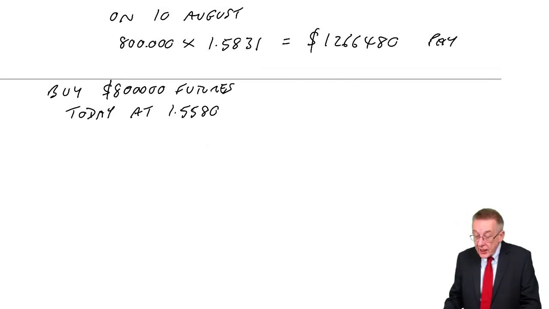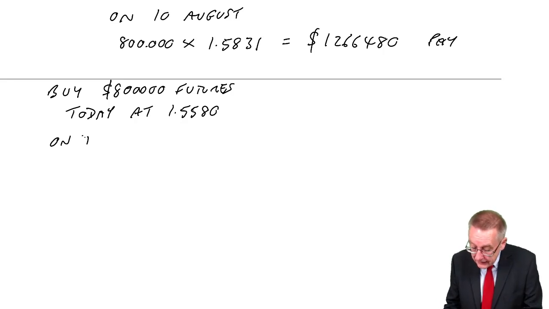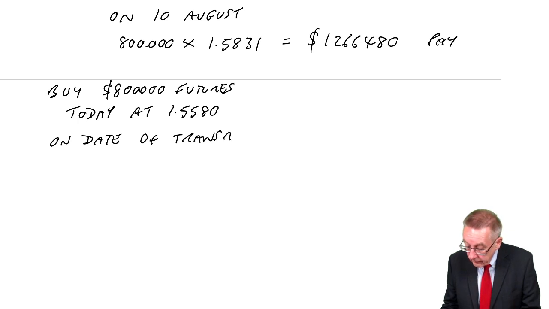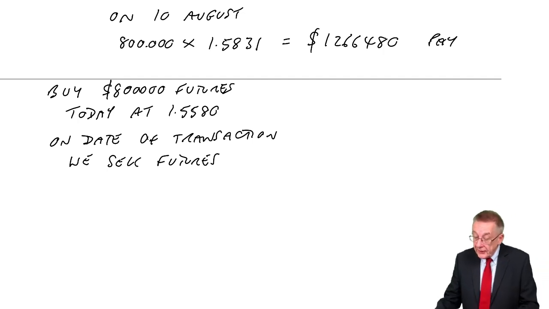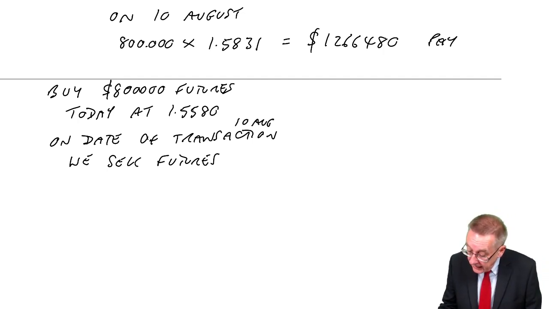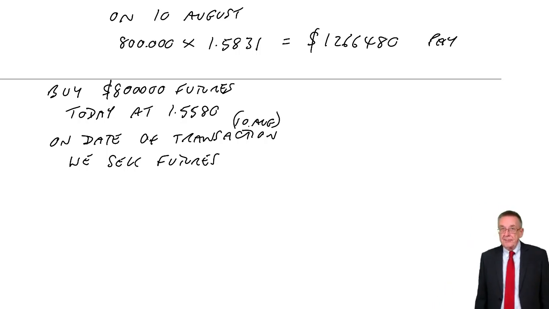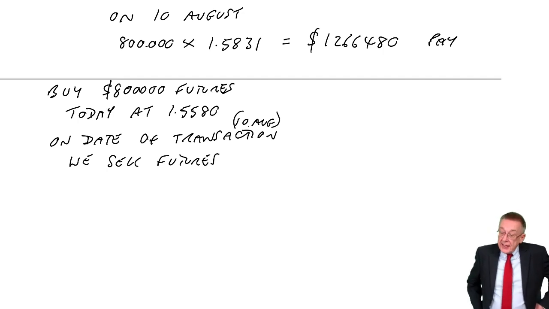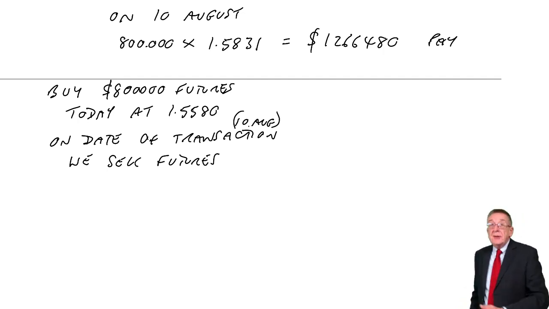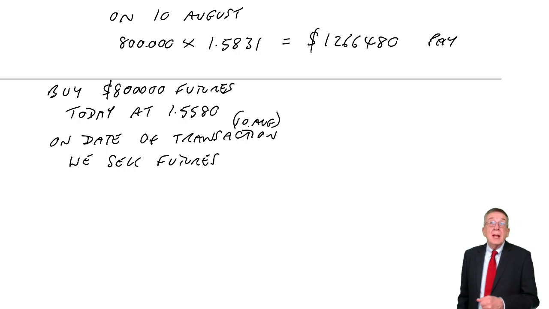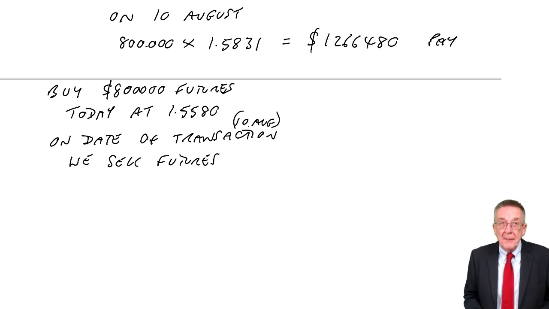And then on the date of the transaction, we sell them. The date of the transaction here is the 10th of August. So make sure you're with me. All I do today is ring a dealer and say buy futures. And then we just sit back. And when it comes to the date of the transaction, I ring the dealer and I say sell the futures.